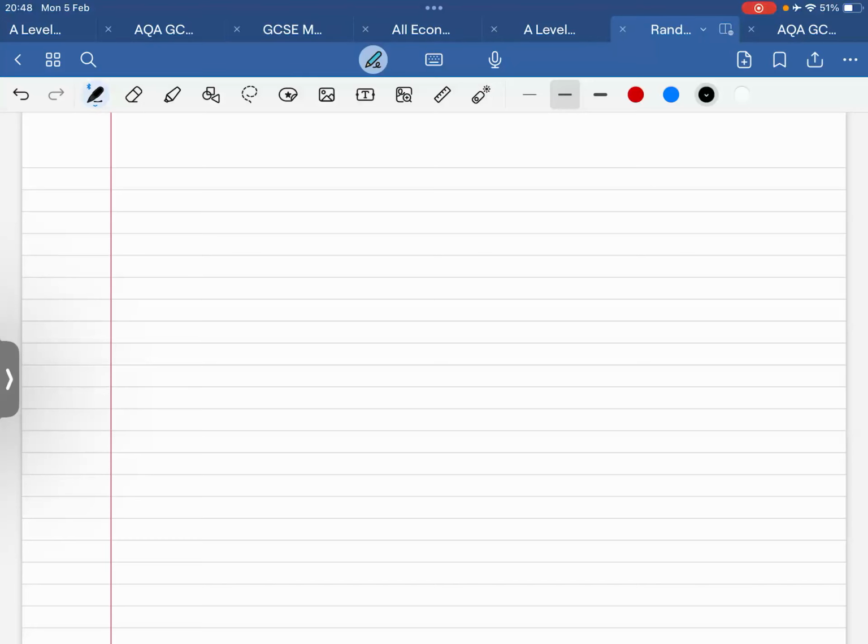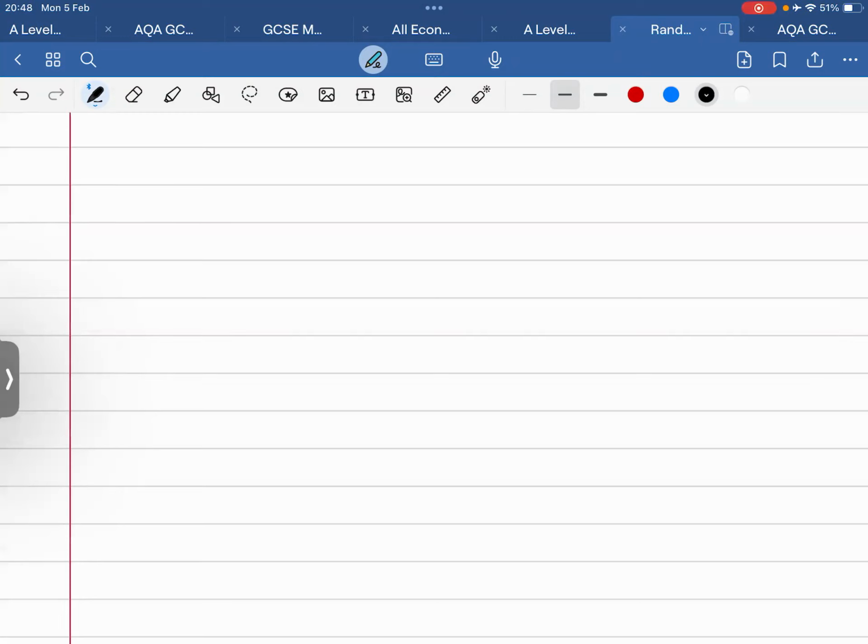So it's a bit more detail on Monopoly now. First of all, let's just recap the characteristics of Monopoly. What were they? One buyer, one seller in a pure Monopoly. Good. What else? They're the price setters in the market.